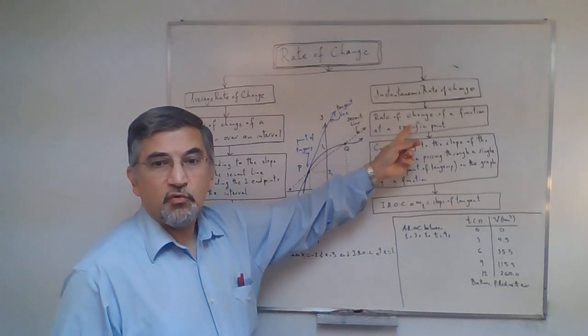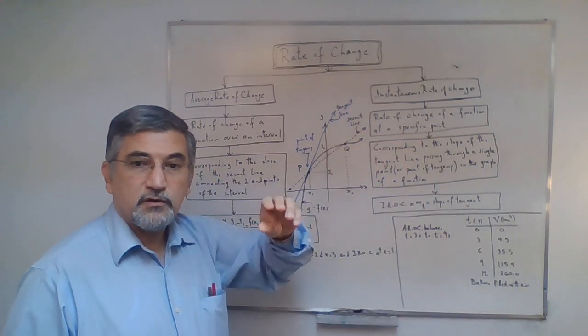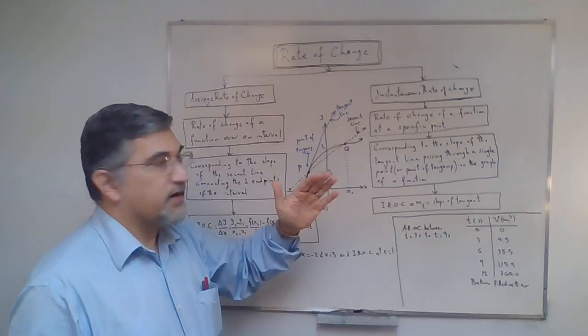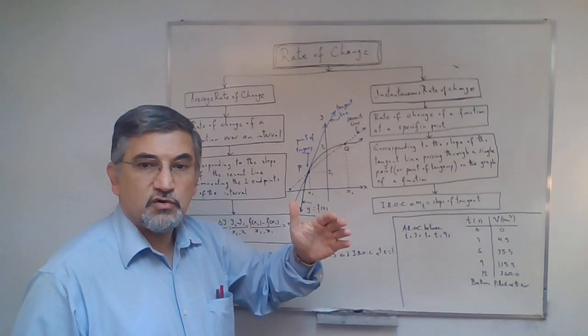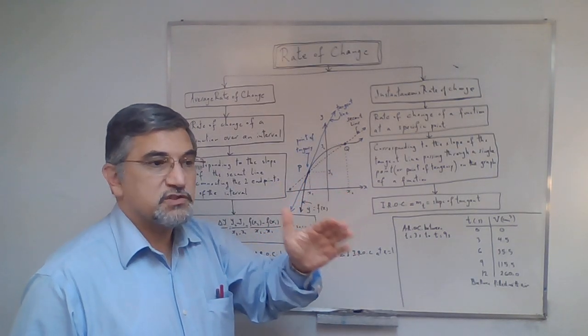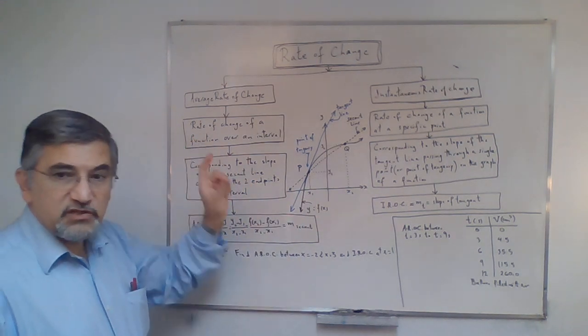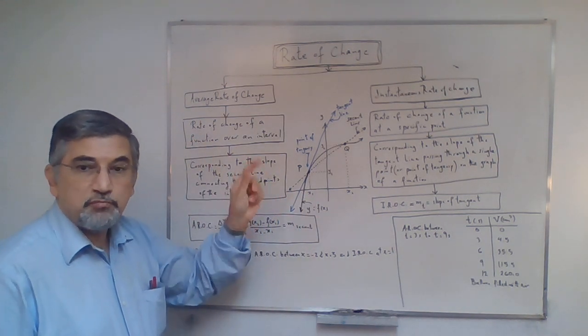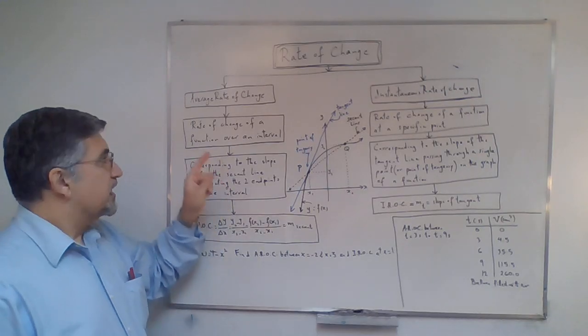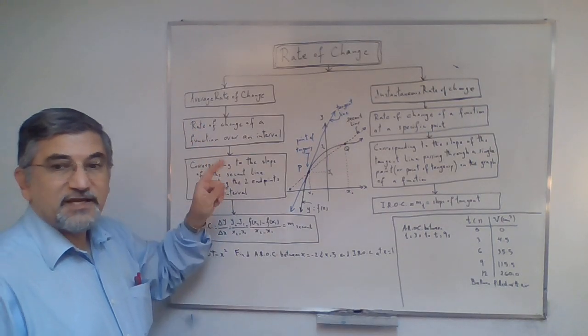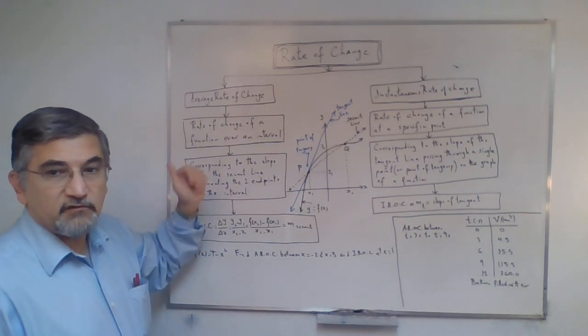So if you have one point on the graph of a function and you want to find the rate of change, that is called instantaneous rate of change, which means the rate of change at that single point. But whenever you have an interval and you have 2 points on the graph of a function and you want to find the rate of change, then that rate of change is called average rate of change.